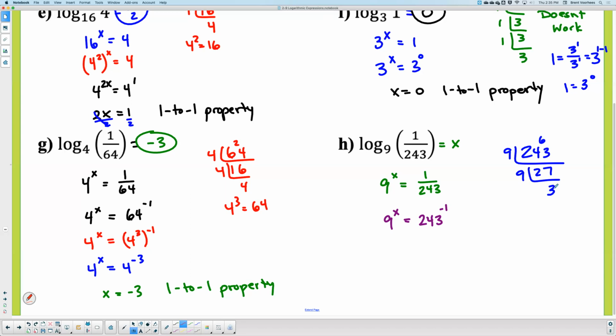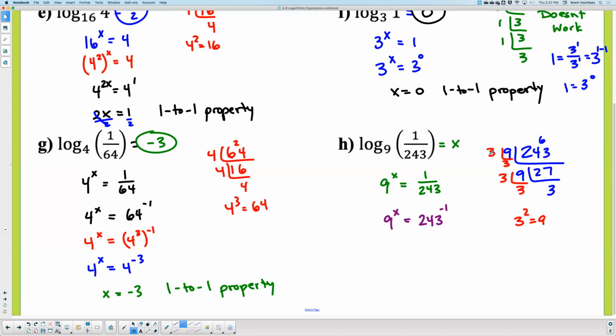I got 3, which is now smaller than 9. So what should I do? Break down 9 into factors of 3. 3 goes into 9 how many times? 3. Okay, so here's what this means, just to make sure everybody's on track with me. 9 is equivalent to 3 squared. 3 squared is 9. That's what's showing right there.